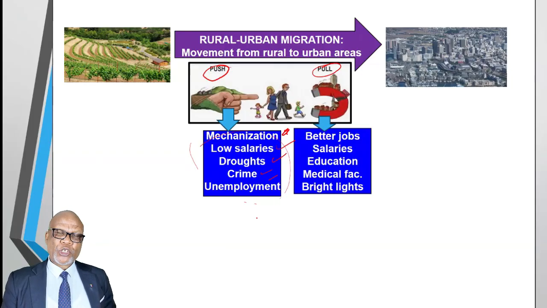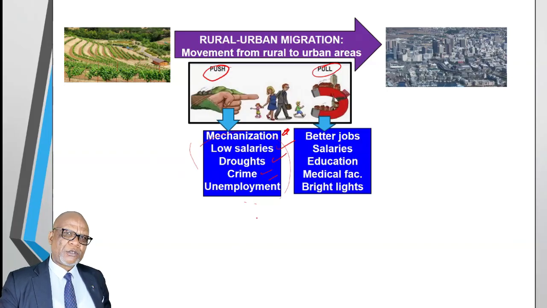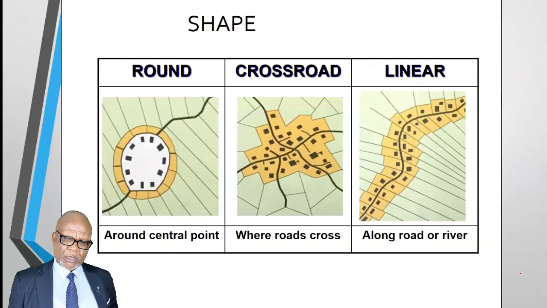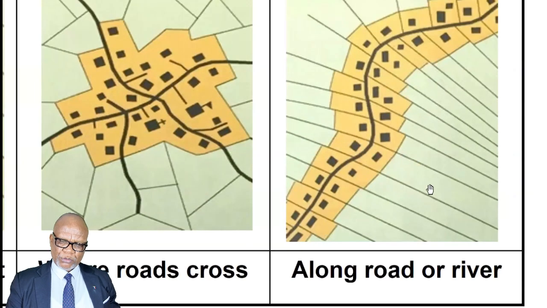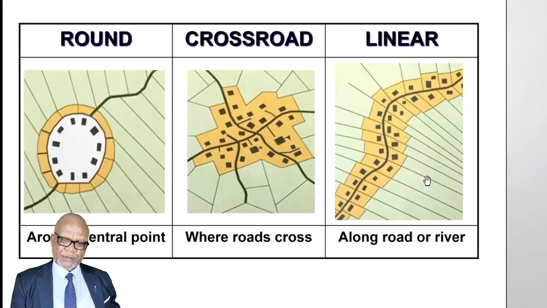Sometimes they ask you for economic factors that attracted people, or economic conditions, economic factors that drove people out. You must know if it's economic, it will be less or lack of money, or lack of profit, something like that. So you must be careful when you answer those kinds of questions.